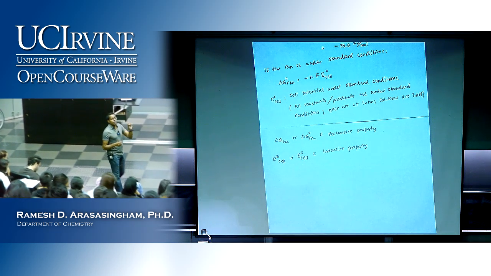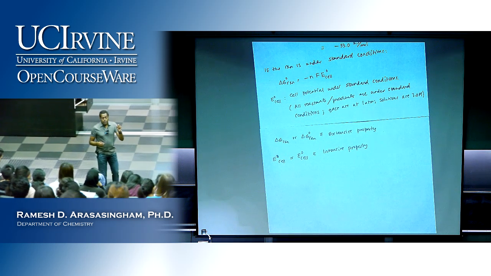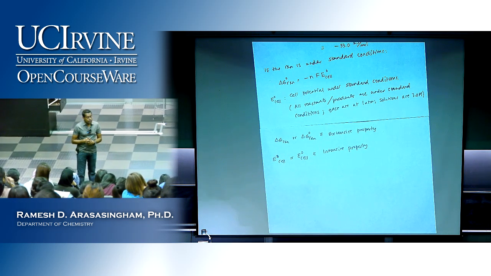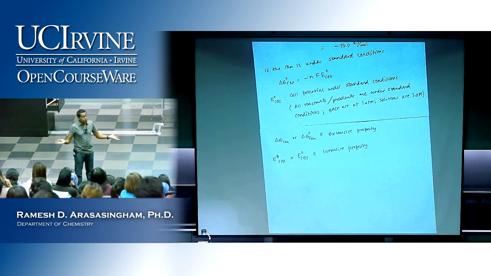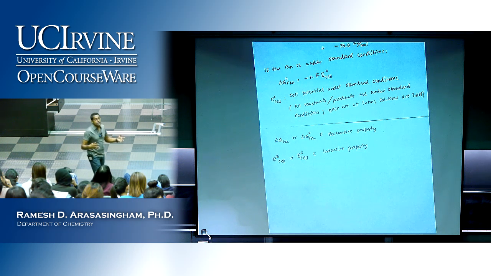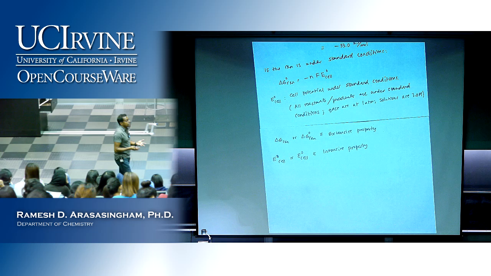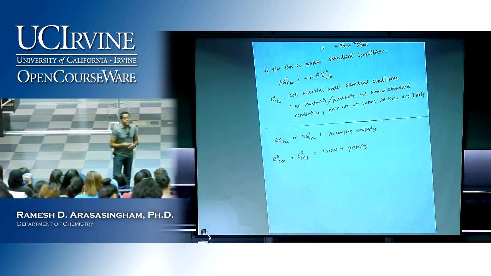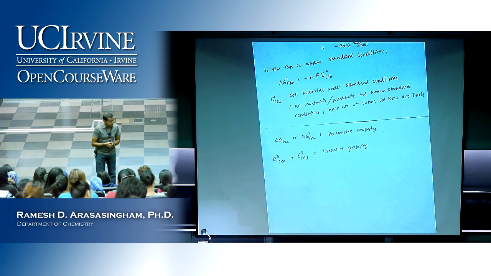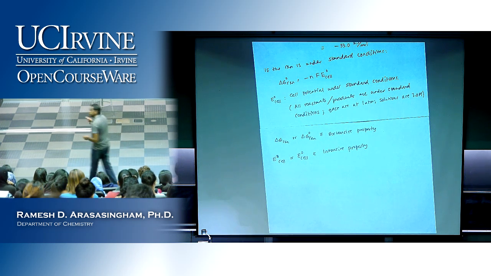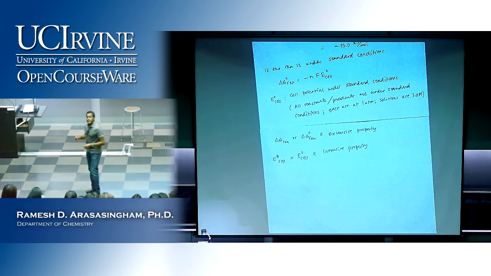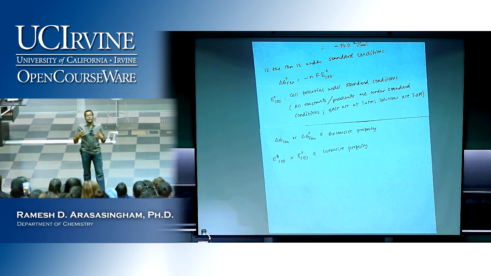If you take a drop of water, the density is 1. If you take a whole swimming pool of pure water, the density would be 1. If you take a bucket of water, the density is 1. So density is an intensive property. It's independent of the amount of substance. Likewise, potential is an intensive property.